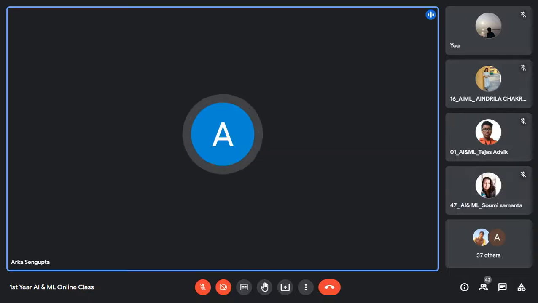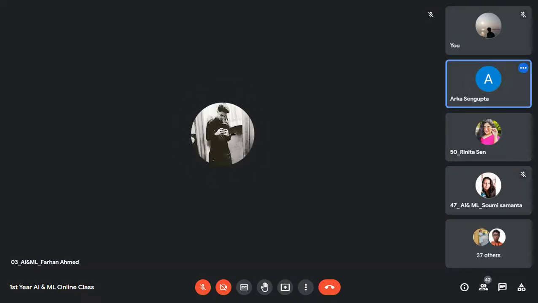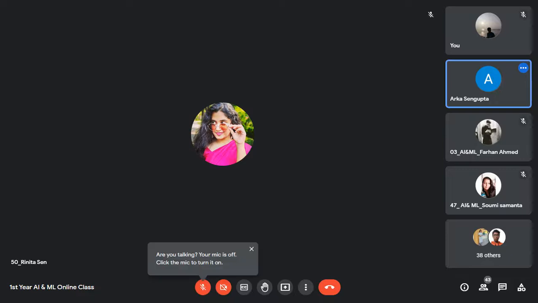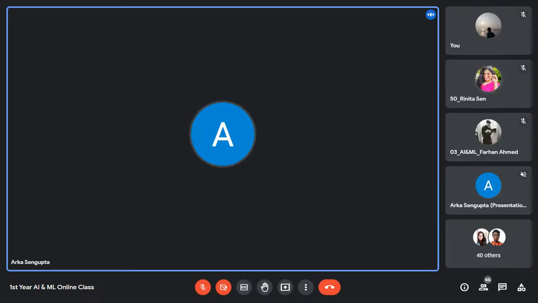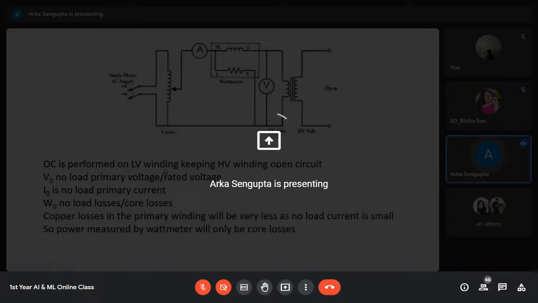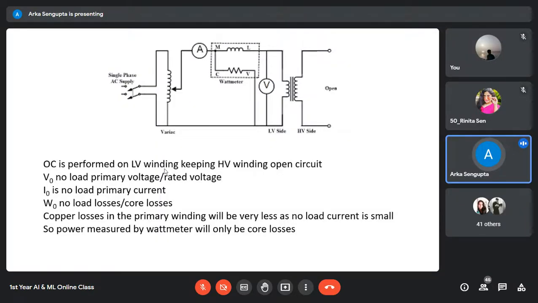You have been taught transformer in your class. Yes, sir. Okay. So I think you know what a transformer is, what the working of a transformer is. Now, for a transformer we need to know the efficiency.